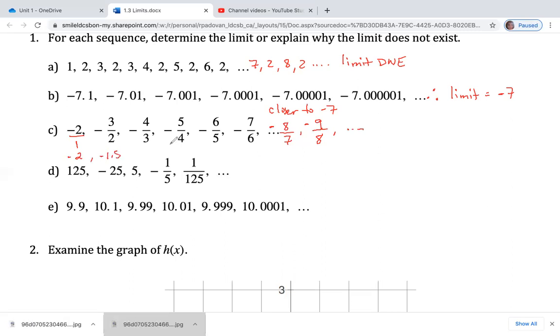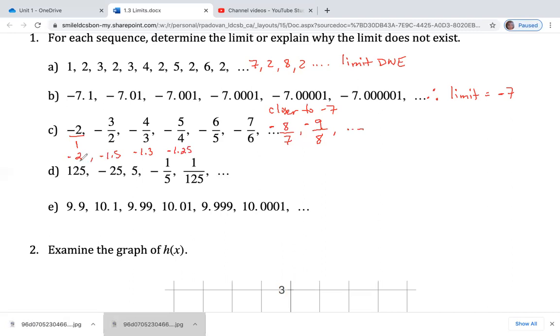-1.5. If I were to take -4 divided by 3, I would have -1.3. You can just stop after one decimal. We're just getting the idea, right? Negative 5 over 4 is negative 1.25. Okay, I'm starting to see a pattern here.